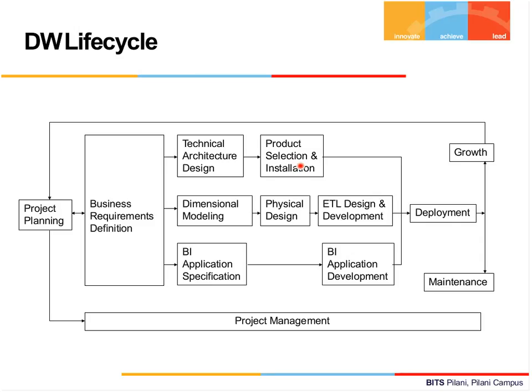So all those tools, we are talking about product selection, technology basically here. Okay, the technical architecture. The middle layer is basically the design of your data warehouse. So dimensional modeling, the designing. Physical design, which we talk about in the second half of the semester, talking about physical nature, performance.